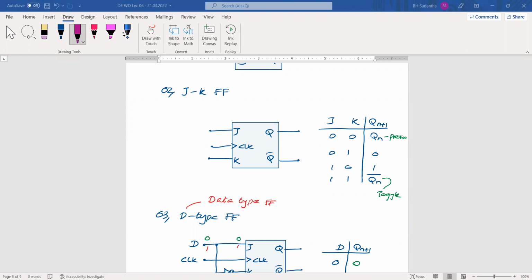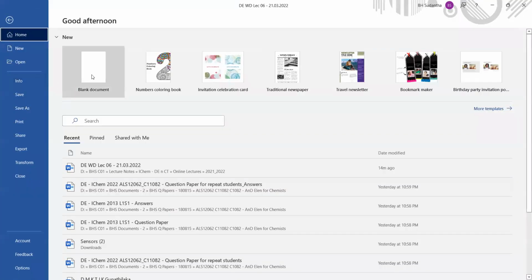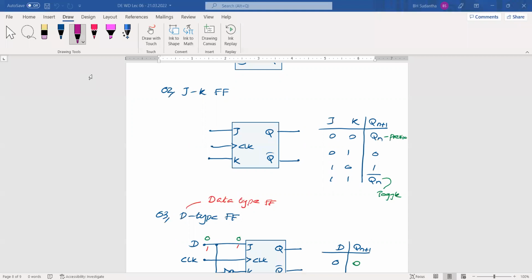It's actually flip-flop applications. Okay.